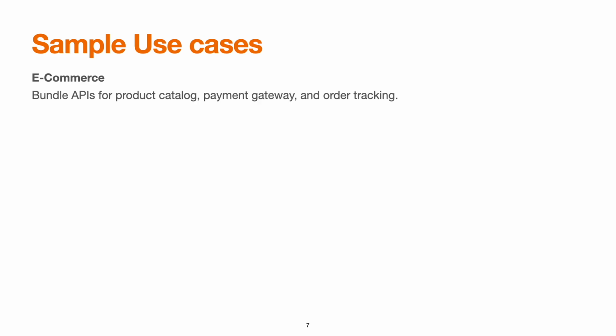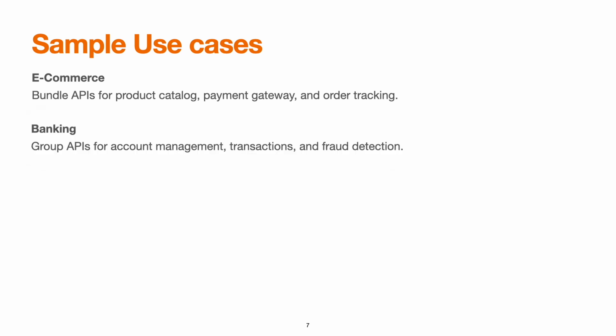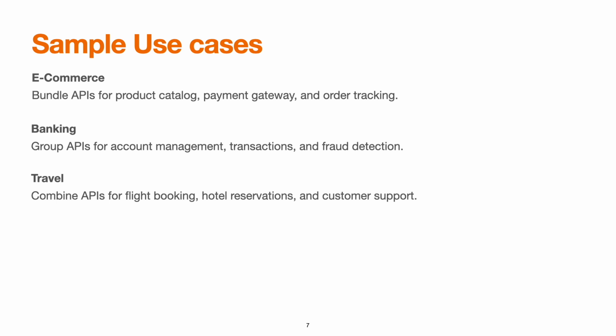If we talk about some of the sample use cases, like e-commerce, we bundle APIs for product catalog, payment gateway and order tracking. If we talk about the banking domain, we can group the APIs for account management, transactions and fraud detection. Travel is another great example where we combine APIs for flight booking, hotel reservations and customer support.